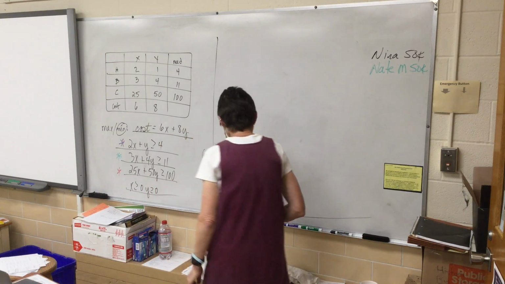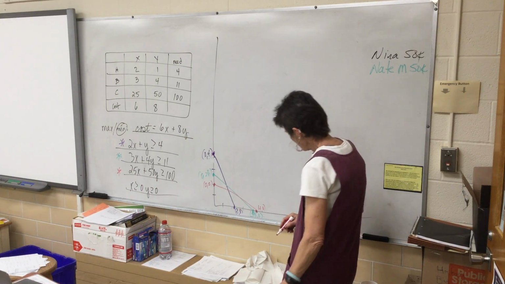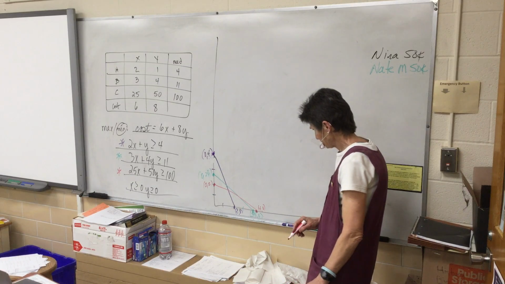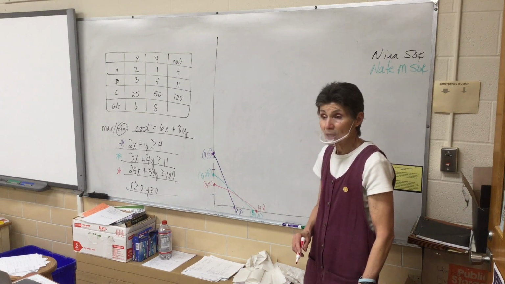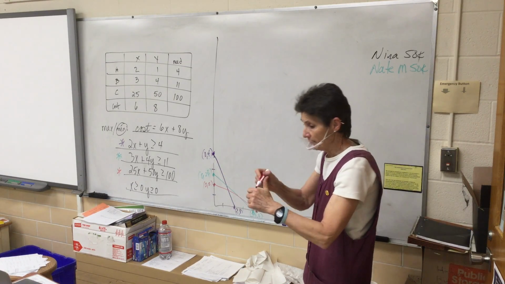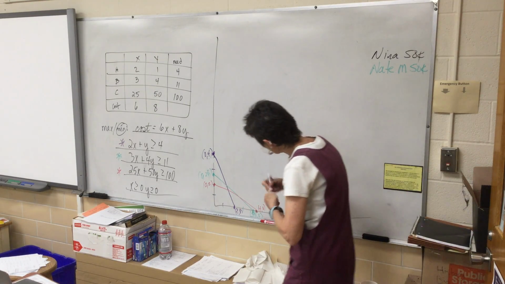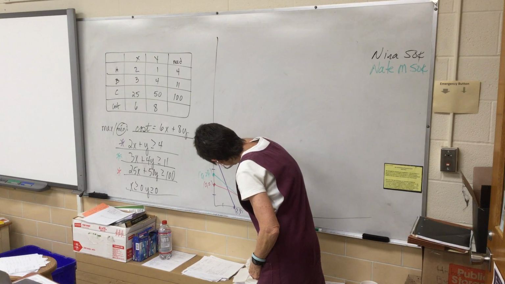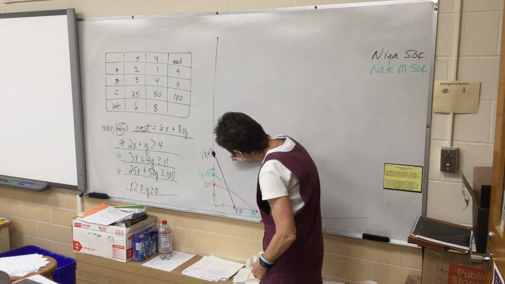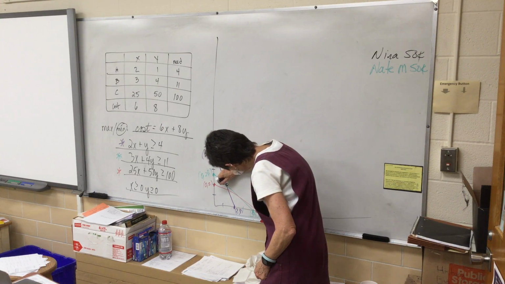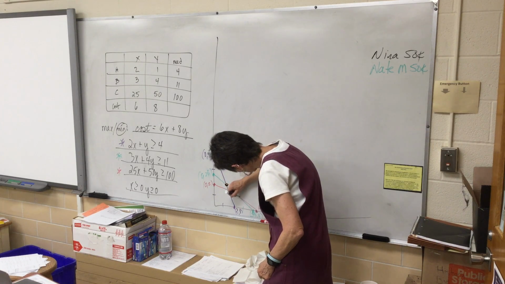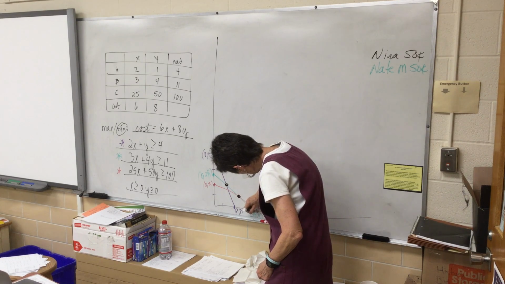Oh, it was horrible. That's supposed to be a straight line. And where is that shaded? Above. So everything is shaded above. So I think my corners of the shading are here, and here, and here, and here.